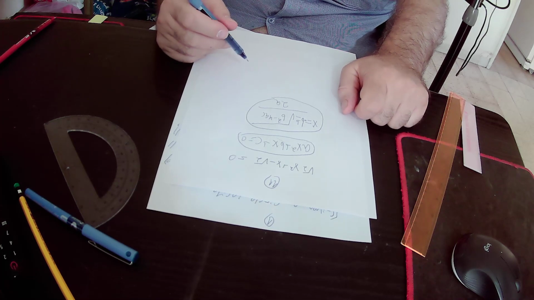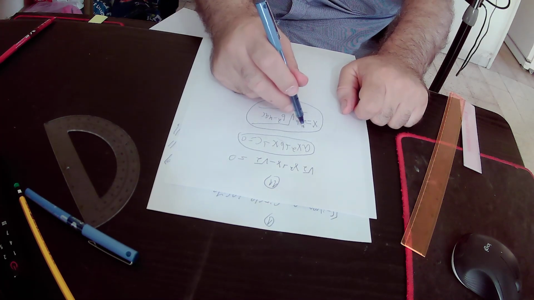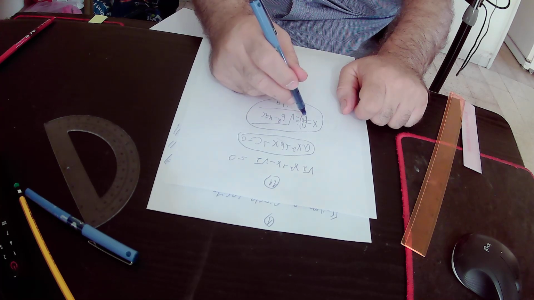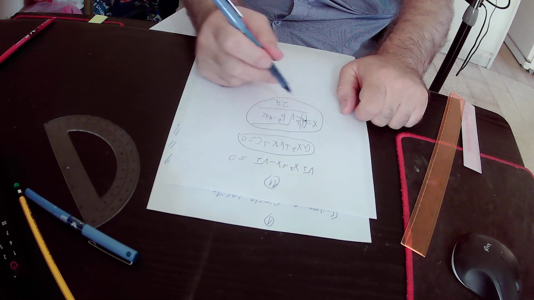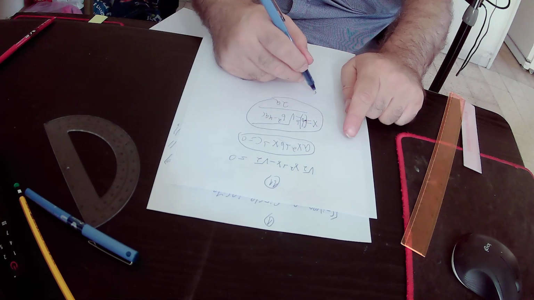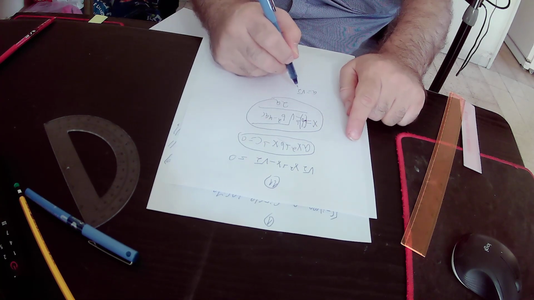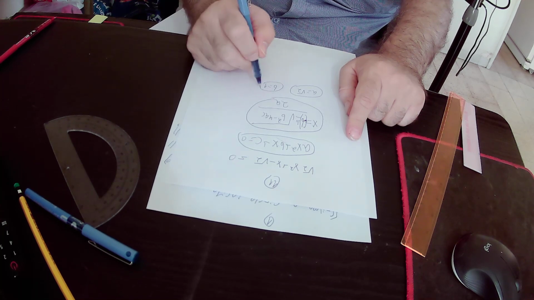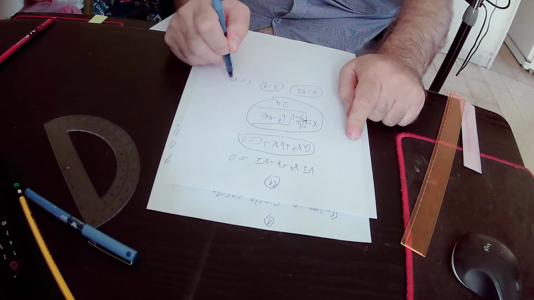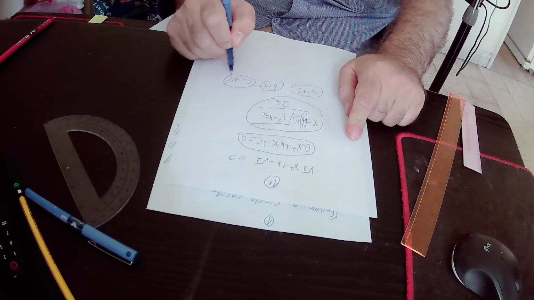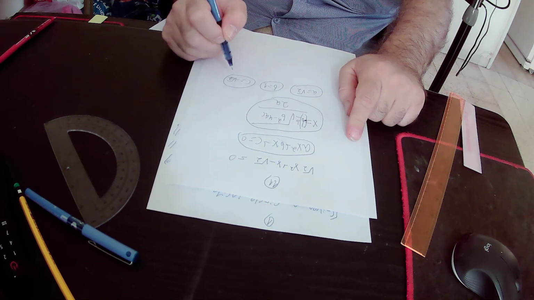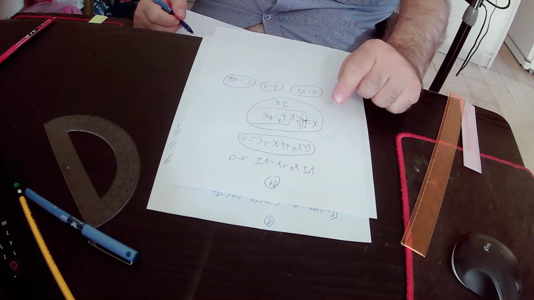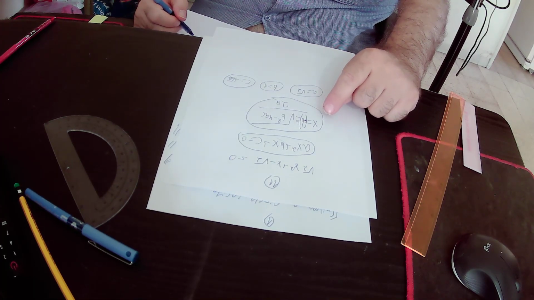So in our specific quadratic equation, we know that a equals root 2, b equals 1, and c equals minus root 2. Okay, so we will use this formula for x in order to find out the values of x in our specific quadratic equation.